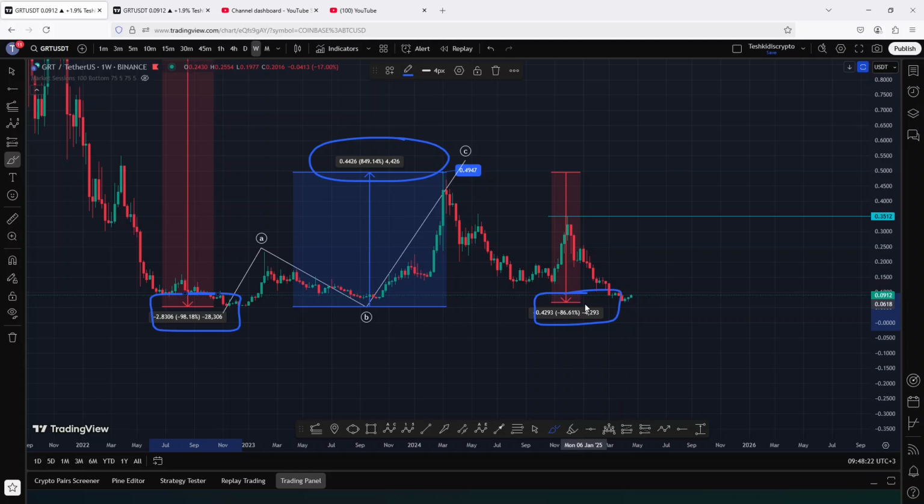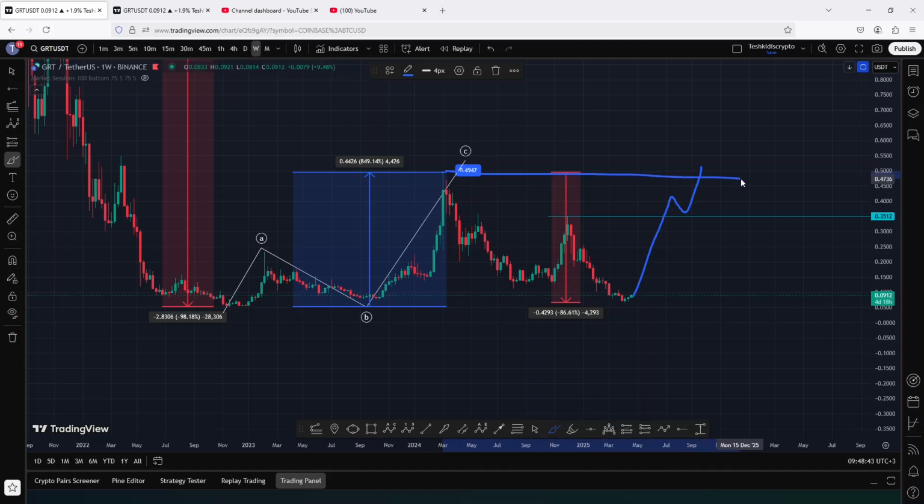If that bounce plays out, then I will be watching for GRT to first give us a break above the significant high we made above the 0.3512, flipping it back into support, maybe with a retest, continue pushing even higher, and get a break above the high we made above the 0.4947 in the next coming weeks.